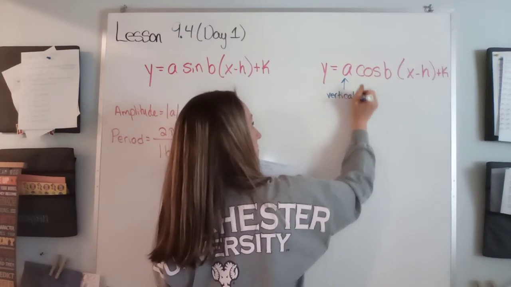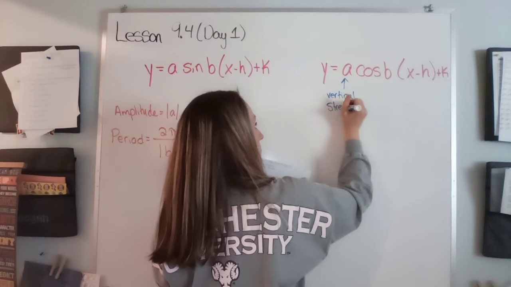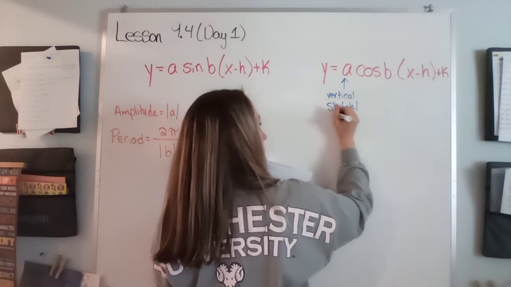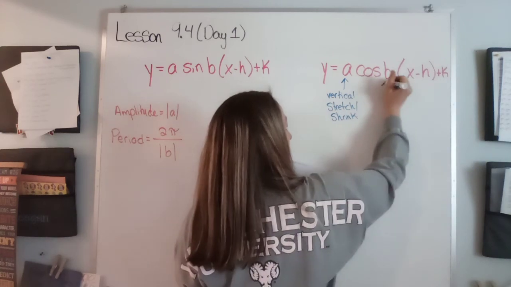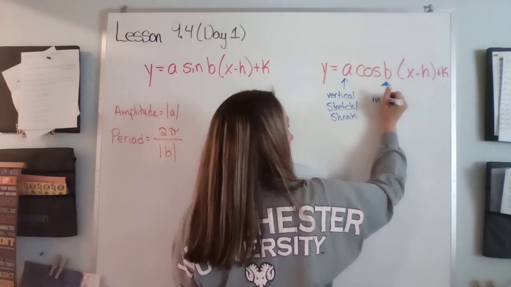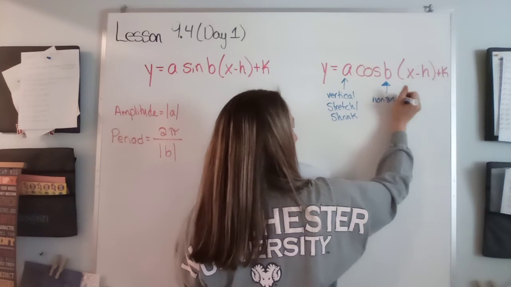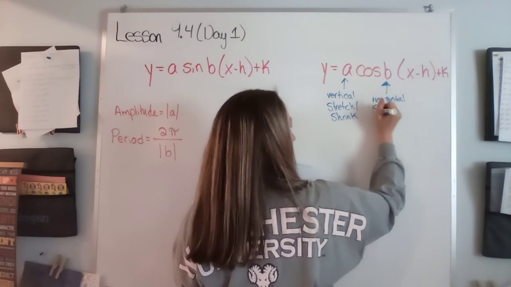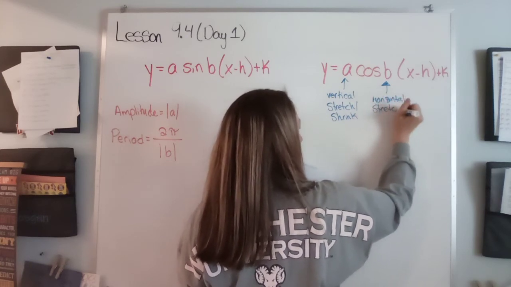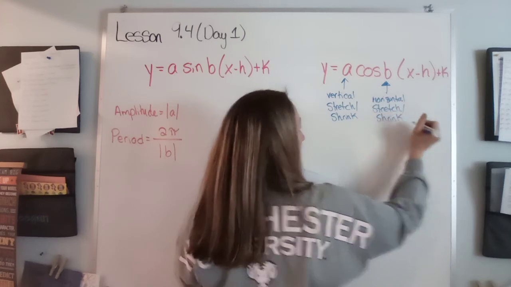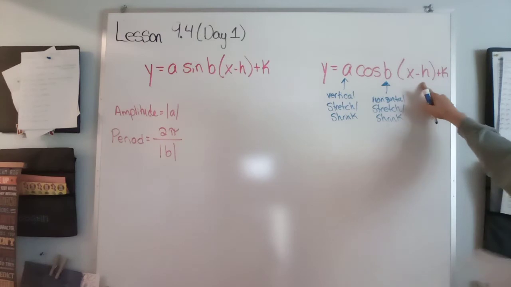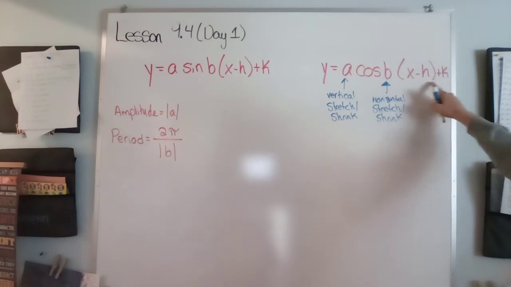Vertical stretch, shrink. Your B value is your horizontal stretch or shrink. Your H value is your movement right or left, and your K value is your translation up or down.